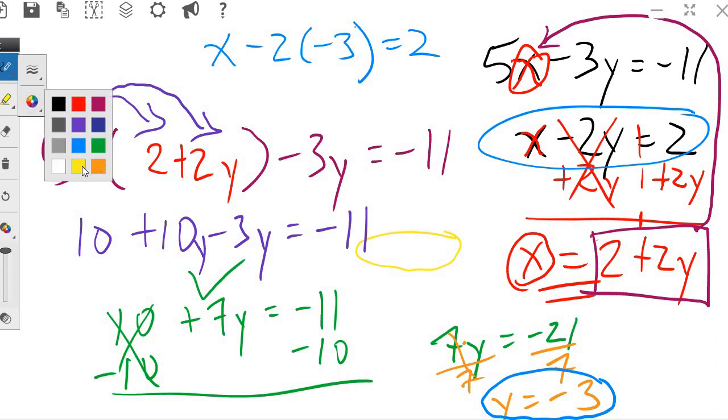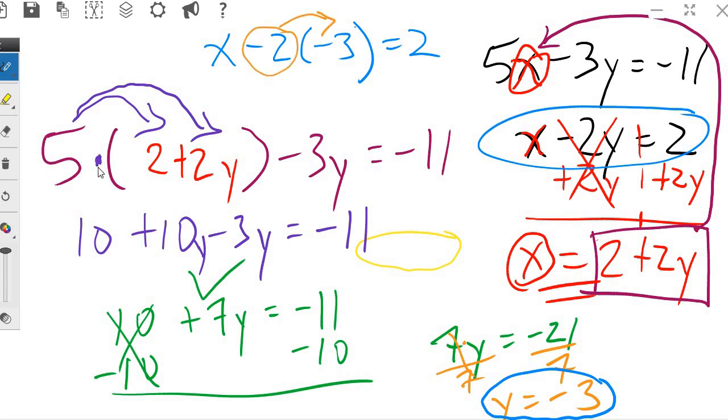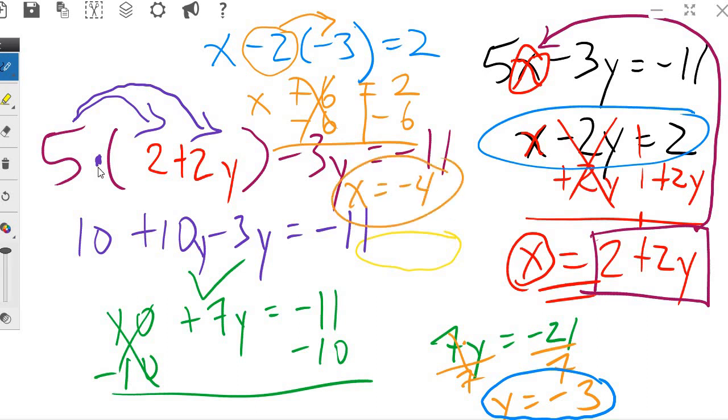When we're solving, it's always the same thing. Distribute, so now we have x plus 6 is equal to 2. To get x by itself, minus 6 from both sides. Opposites cancel out. x is equal to negative 4. So for this, the answer will be negative 3, negative 4.